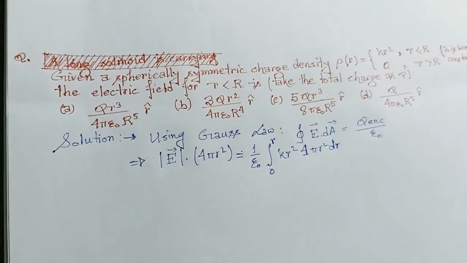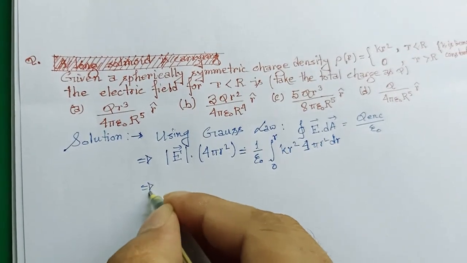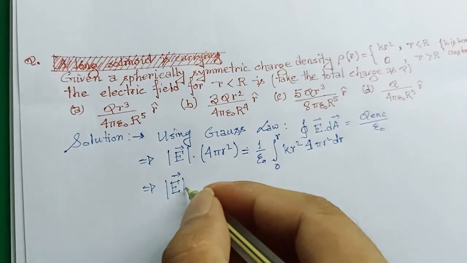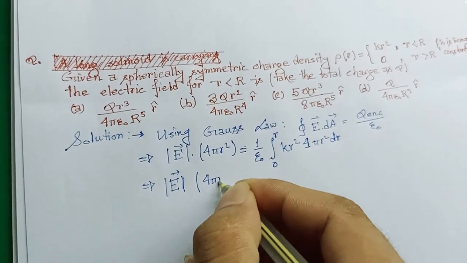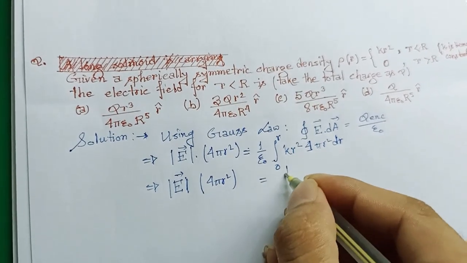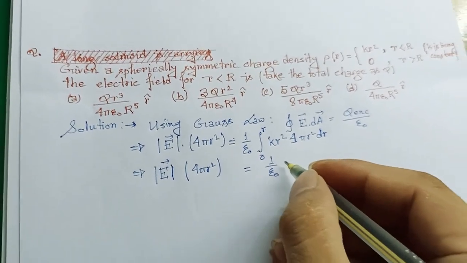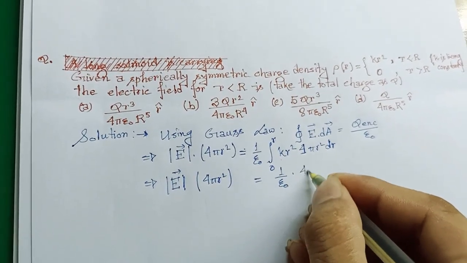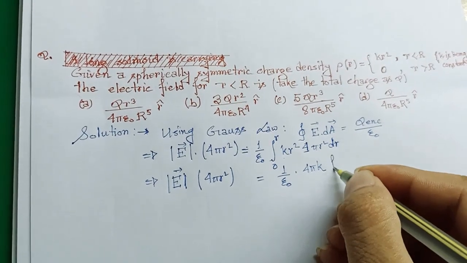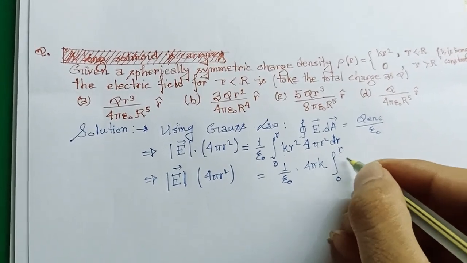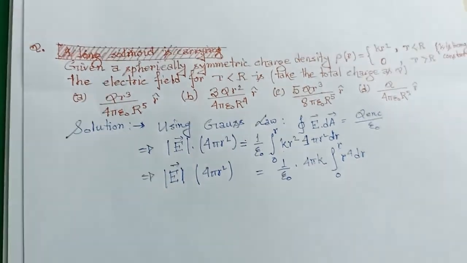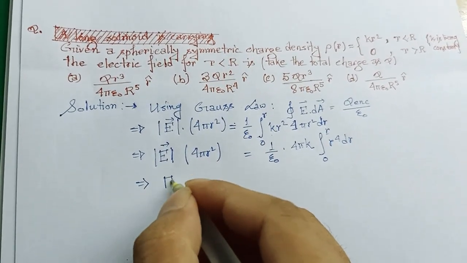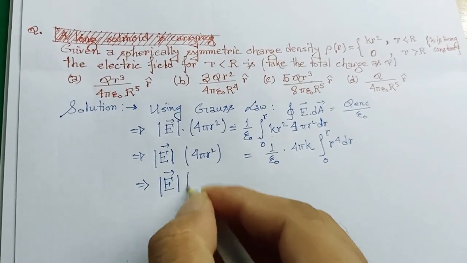Now we have to calculate this quantity. Then 4 pi k will come outside of the integral, leaving the integration from 0 to r of r to the power 4 dr.